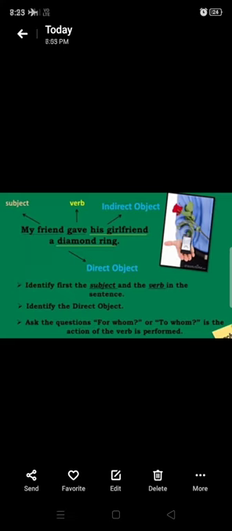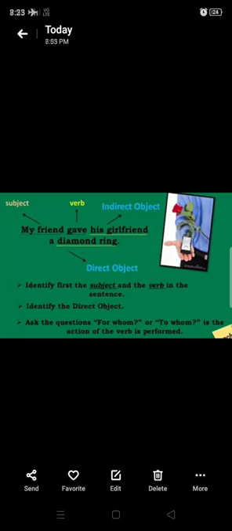Like what we did with direct object, we need to identify first the subject and the verb in the sentence. So here we have the subject as my friend and the verb as gave. Next, we need to identify the direct object. Now we have learned what a direct object is and how to identify it.